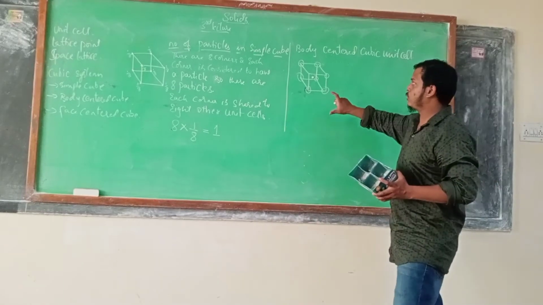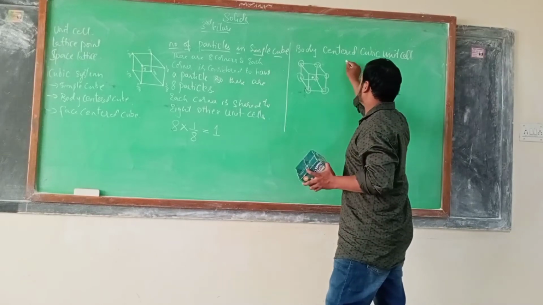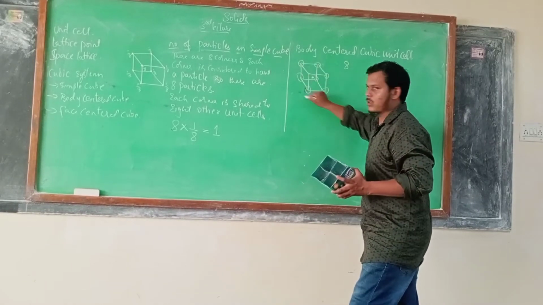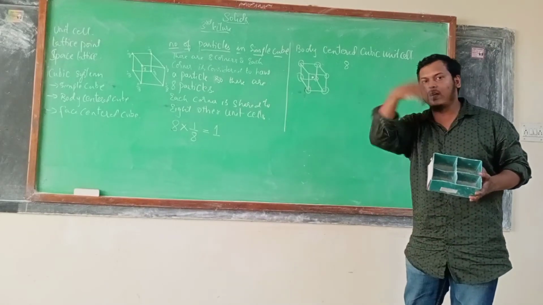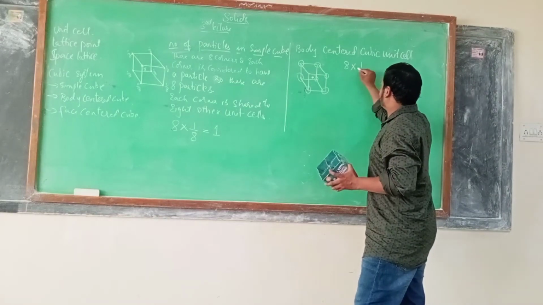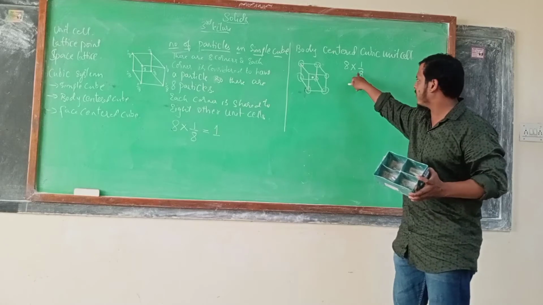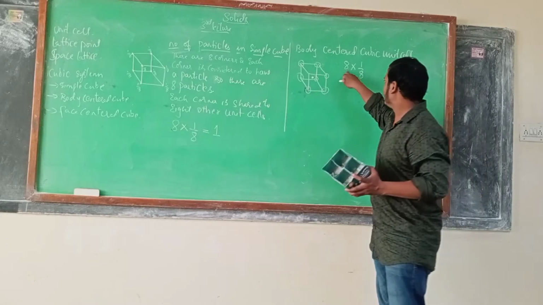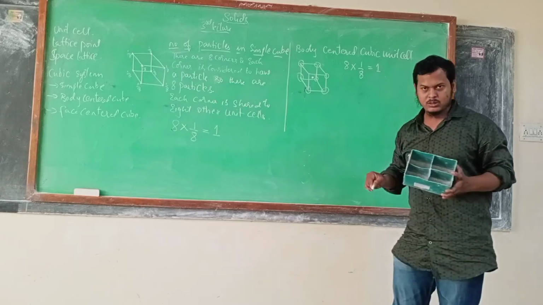Then what will be the total number of particles? Because it has 8 atoms at the corners, and each corner atom is shared with 8 other unit cells, each corner has a share of 1 by 8. So 8 into 1 by 8 will give me 1.